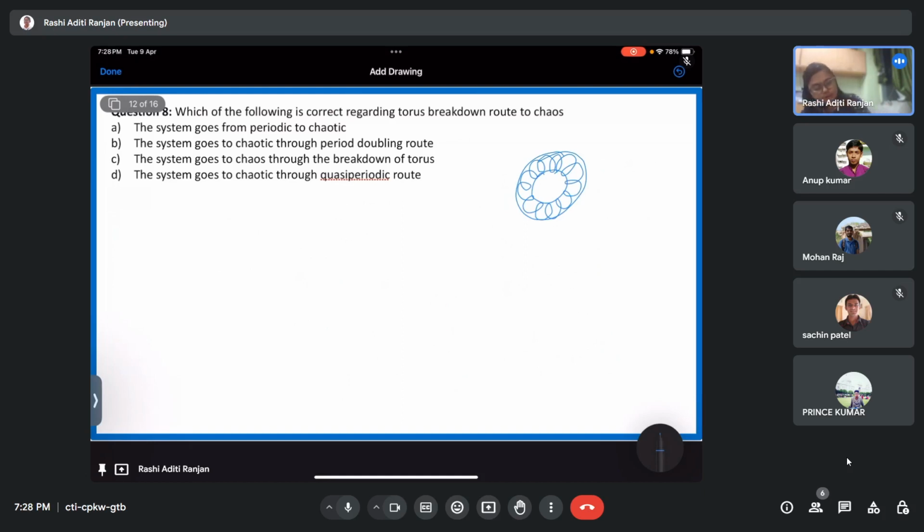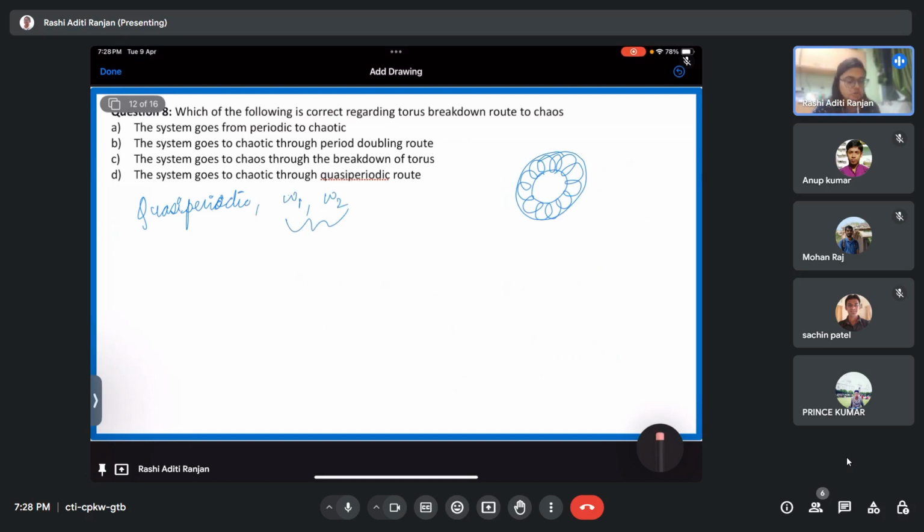My quasi-periodic response was actually when there were two frequencies, omega 1 and omega 2, which were incommensurate, or we can say whose ratio was irrational.